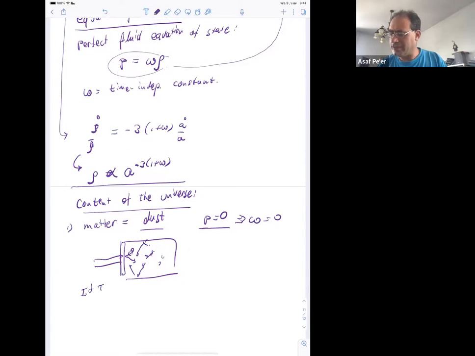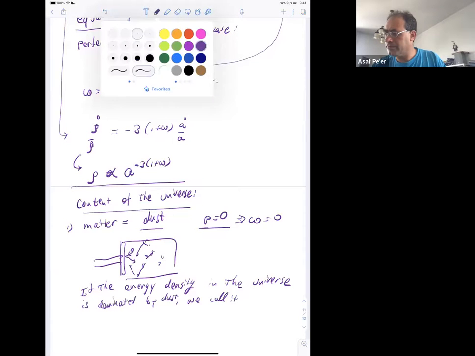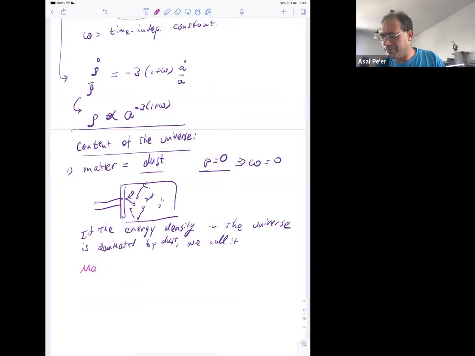So if the energy density in the universe is dominated by dust, we call it, very simple, matter-dominated universe. Simply because there's always radiation, but the radiation could be negligible.